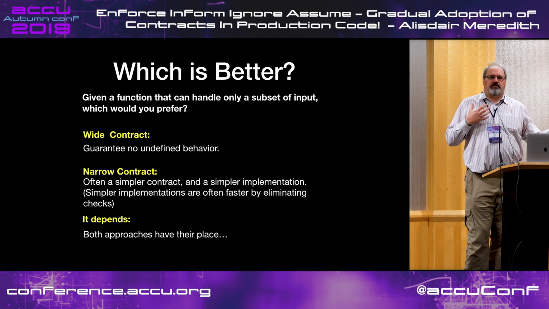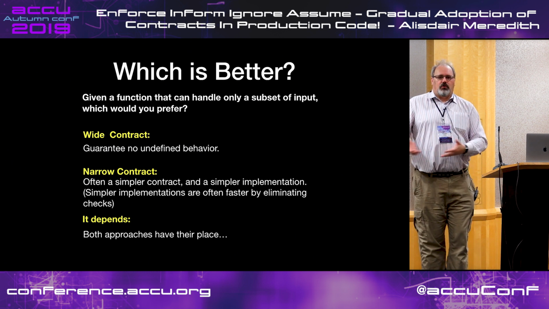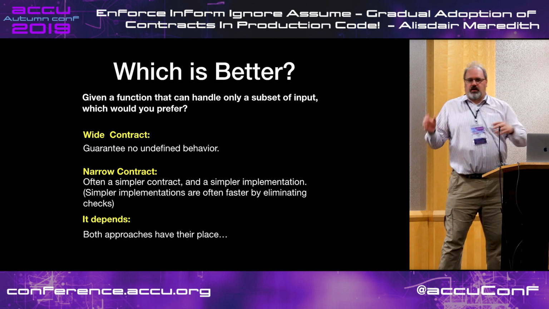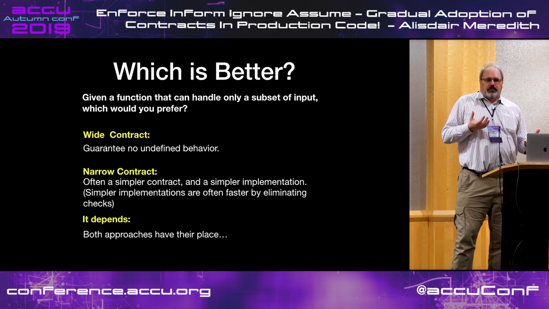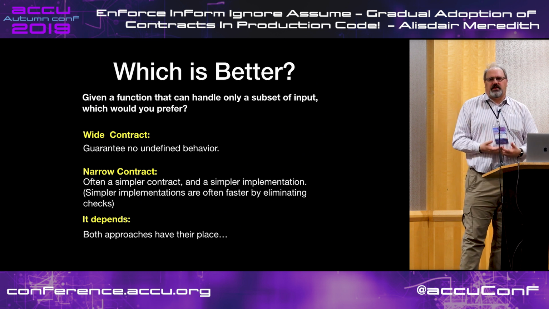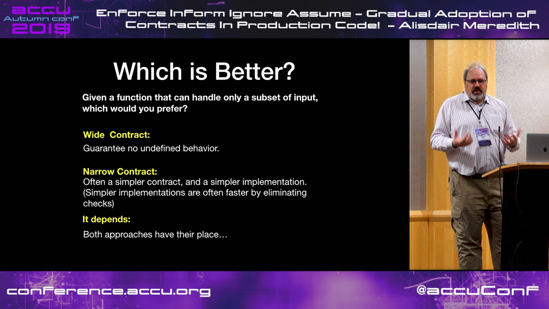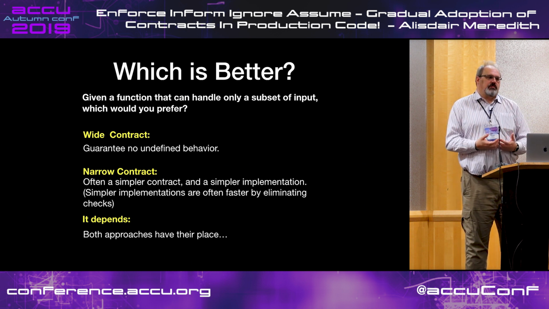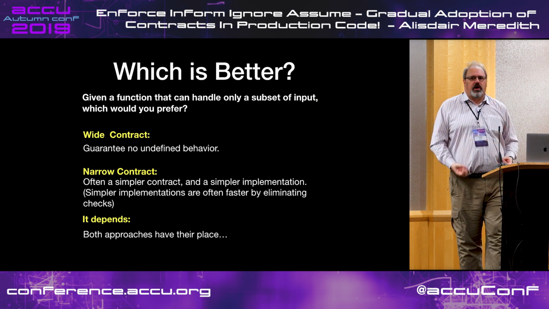So I move the complexity from "I'm going to validate the input before calling you" to "I call you, you do the validation, and I now have to cope with whatever error handling you've given me." So the simplicity of having a wide contract is not always as simple as it first appears. As Tim was saying, both have their place according to what you're trying to achieve. Hopefully the trade-off becomes relatively intuitive relatively quickly.